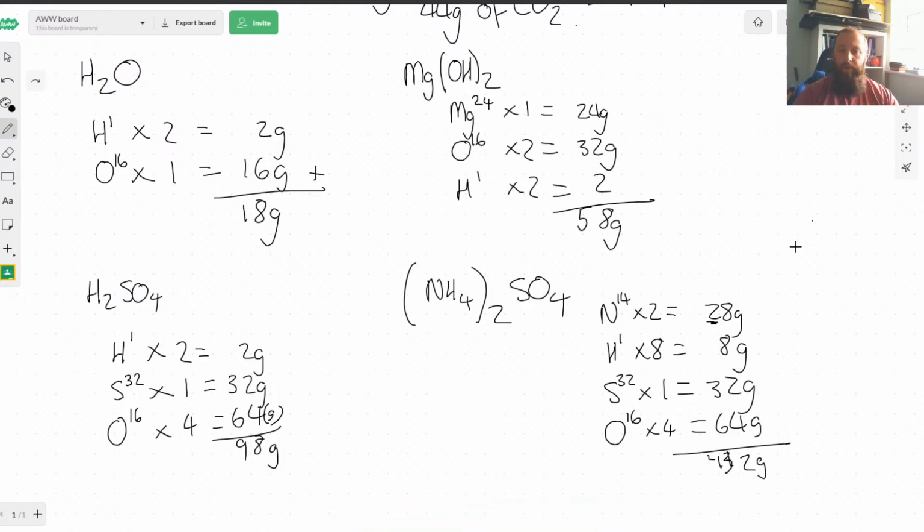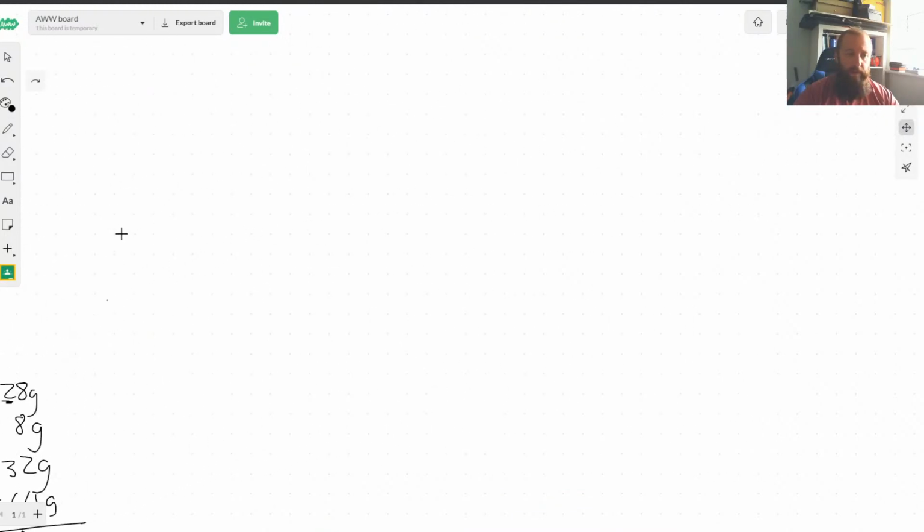Let's get rid of that, and let's just move this over to there. Right, so the next step with this then, we've gone through those masses. Now what I want to have a look at, just to see if this makes sense, I'm going to go back to my carbon dioxide, and we've just said that the molecular mass of carbon dioxide equals 44 grams.